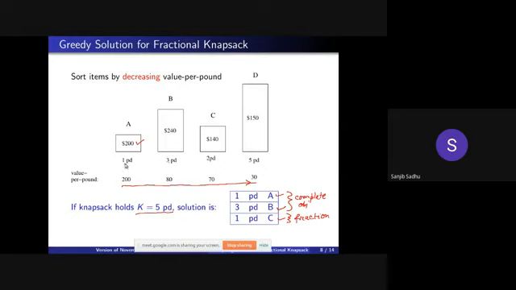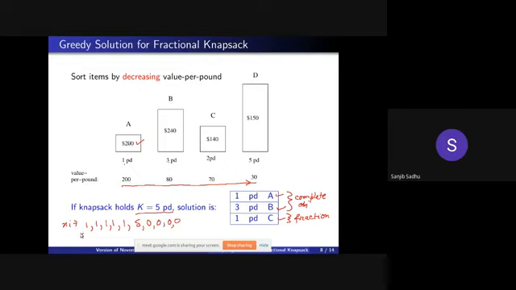You take A completely, then as much B as possible, and if that is not possible, a portion of the next. So the xi values will be like 1, 1, 1, 1, 1, then some delta or epsilon, and all the remaining are 0.